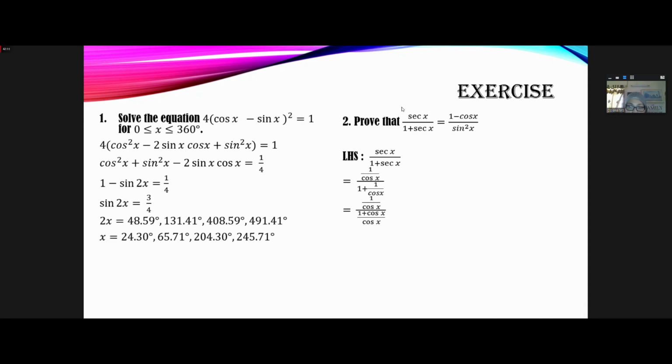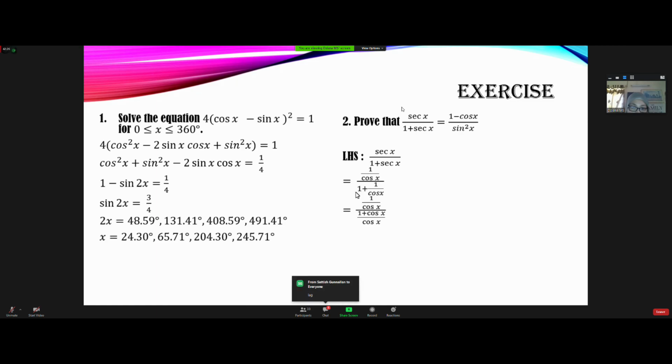Once I have this fraction, the numerator is also a fraction, and the lower half is this. Still, the internet is not stable here.